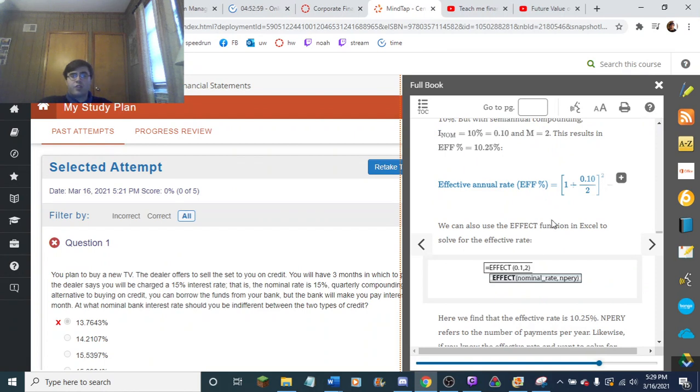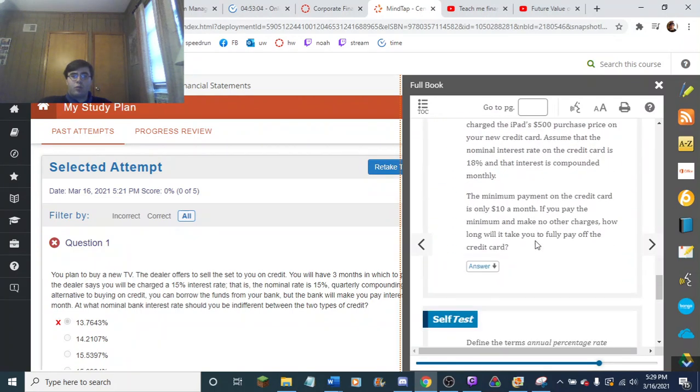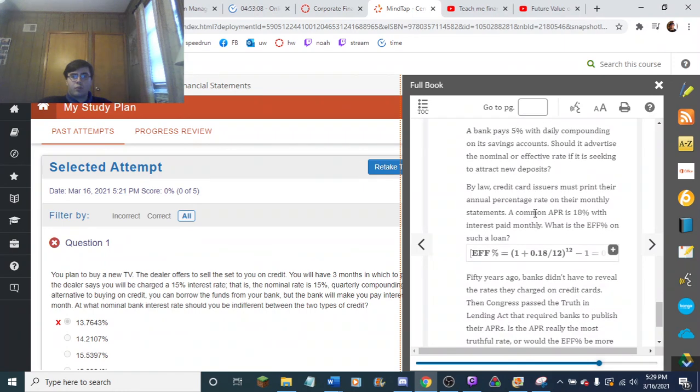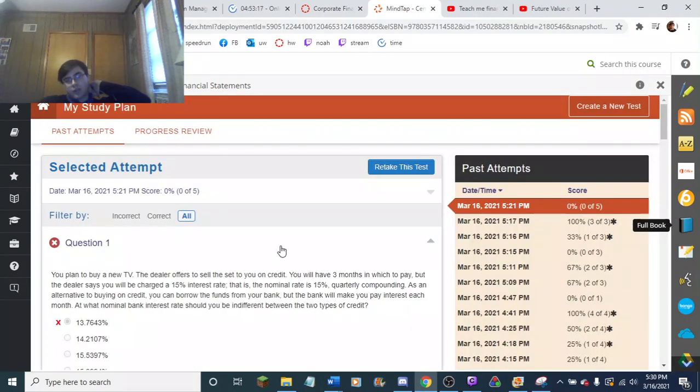The effect function in Excel. How about a financial calculator? Hello? You didn't even tell me how to do it on the calculator. Nice. Maybe it's in the tutorial. It better be in that tutorial.